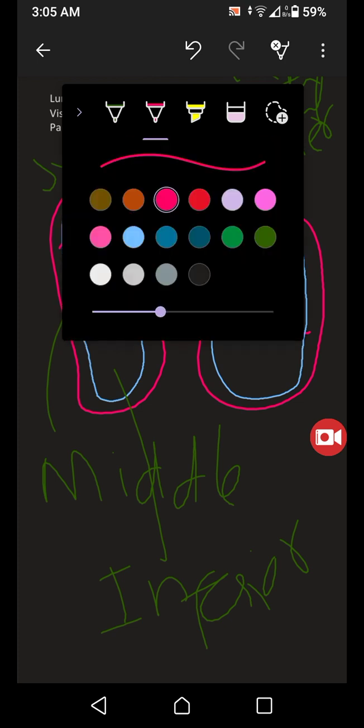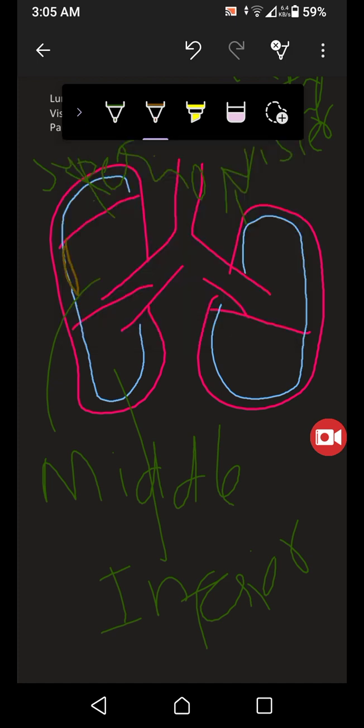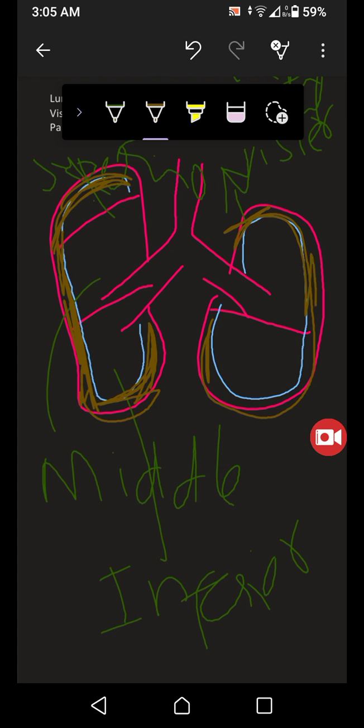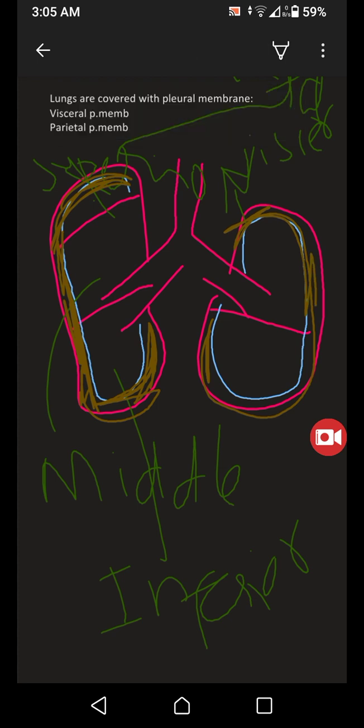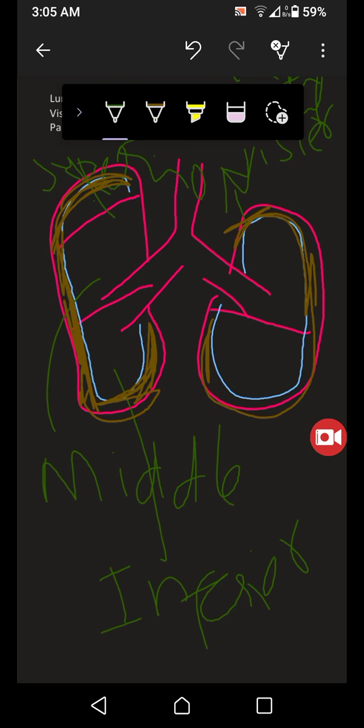Between these two membranes, a fluid is present. Between visceral and parietal, a fluid is present, and this fluid is known as pleural fluid.